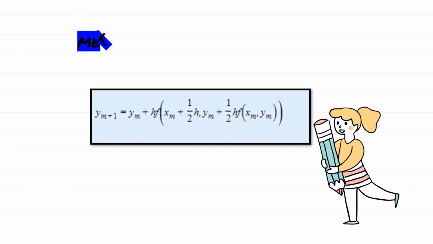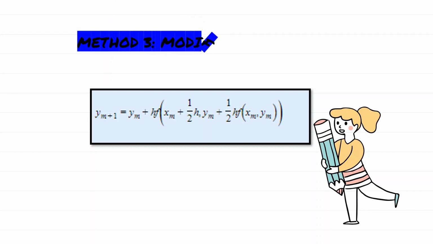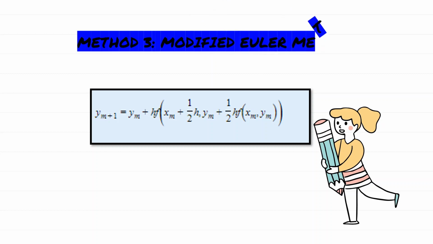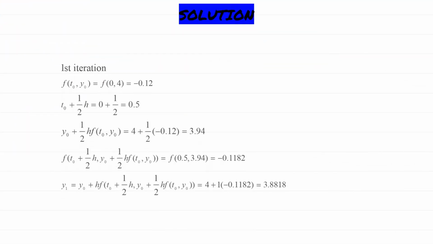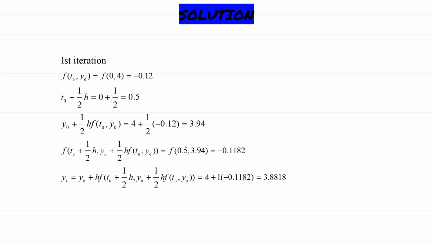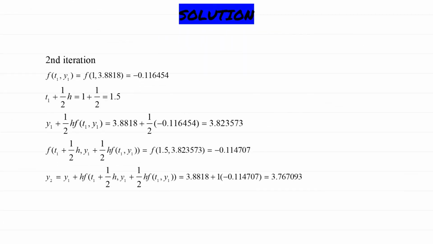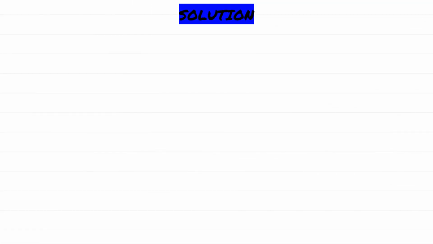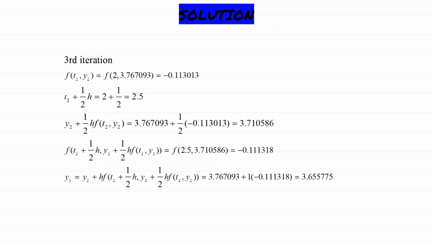Next is the third method, the modified Euler method. This is the general formula of the modified Euler method. By the formula, we can solve the problem. The first iteration we have 3.8818, then 3.767093, then 3.655775.